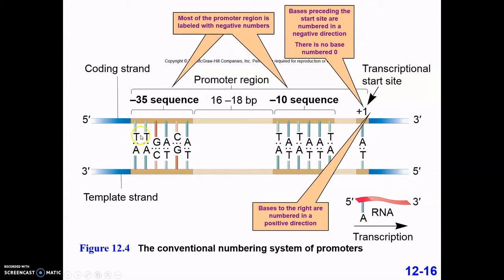Now, the sequences that exist here can vary slightly between organisms and even within an organism. And we'll talk about that in a moment here. Also, the exact locations can vary by a nucleotide one way or the other.